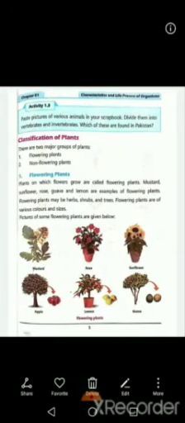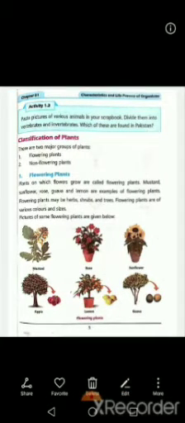Now in this lecture, we will discuss the classification of plants and, number two, biodiversity. We have just two topics in today's lecture. Now come to the classification of plants.